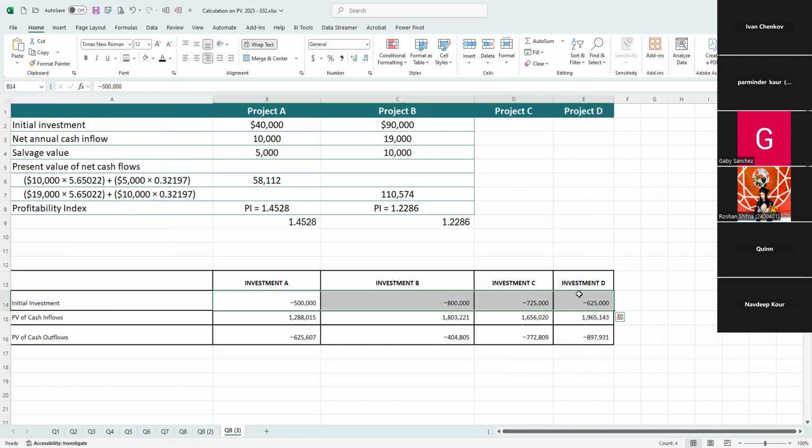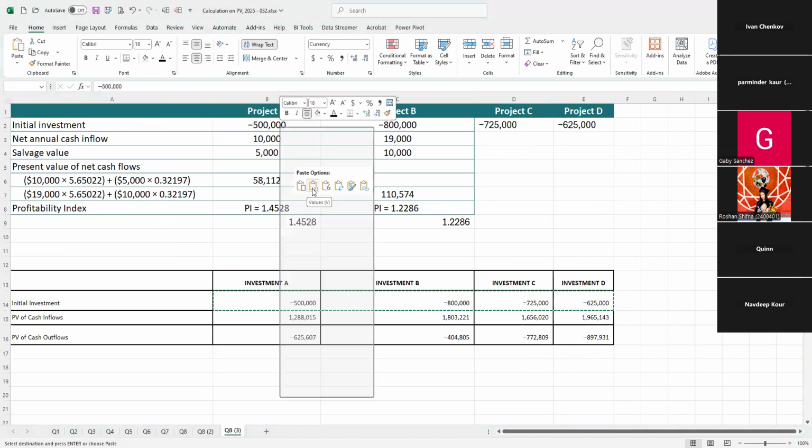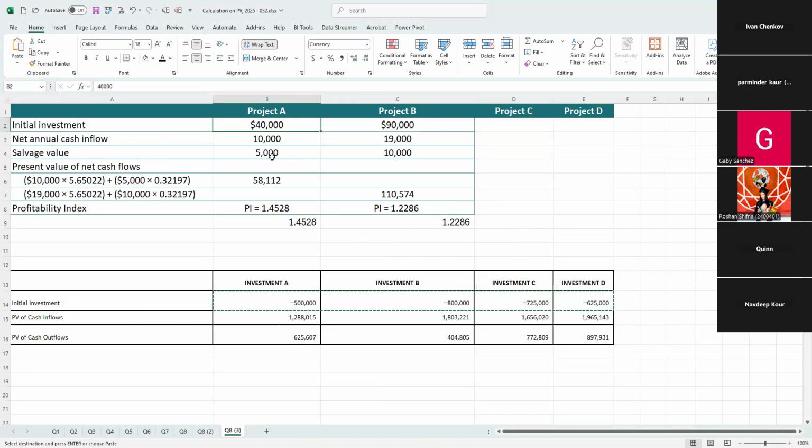Let's put the initial investment. That will be 500,000. Then the next investment is 800,000. Next one I'm investing 725,123. And the last one 625,123. Those are my initial investments, correct?